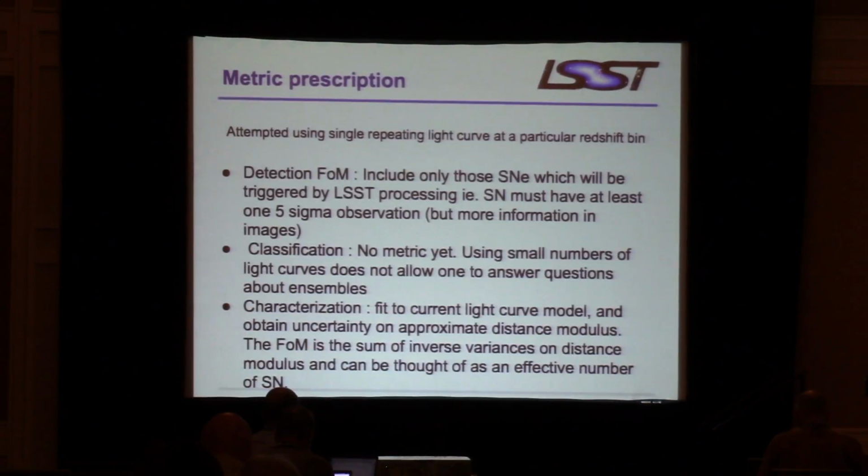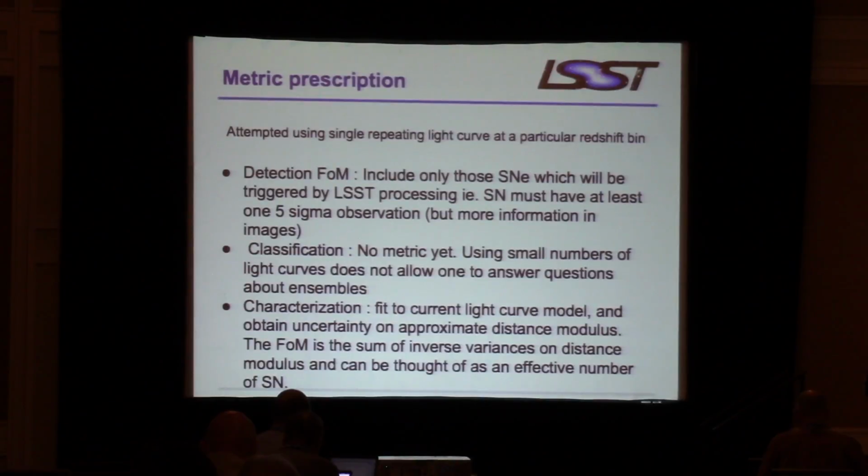Classification, we do not have a metric, and the reason is that this kind of small simulation, small population, is very hard to use to answer questions about ensembles like you need to for classification. So this kind of an approach will not work.